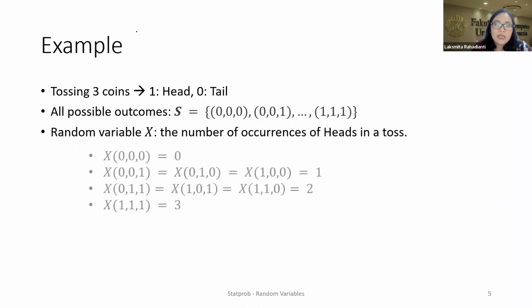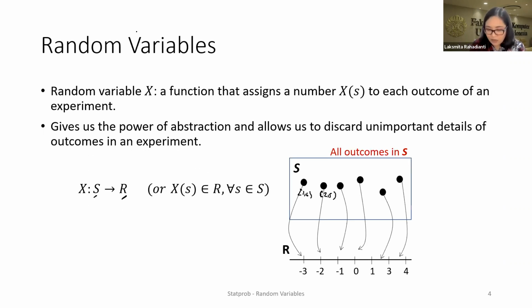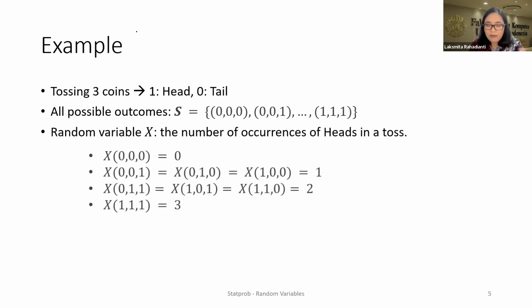So instead of paying attention to exactly each combination, 0, 0, 0, 0, 0, 1, I now assign a number. Exactly what the definition is: I assign a number from the real numbers to each outcome. In this case, I have an outcome x, 0, 0, 0, and I assign it to 0.